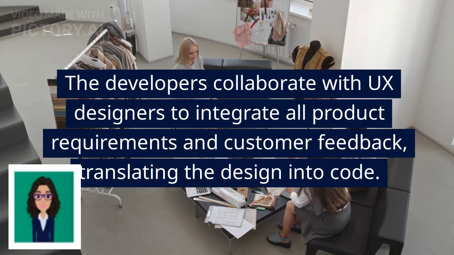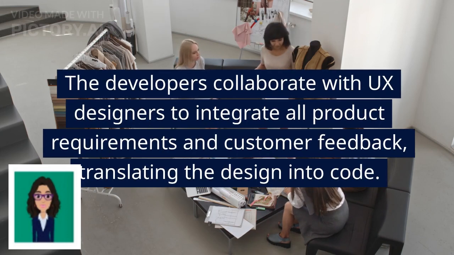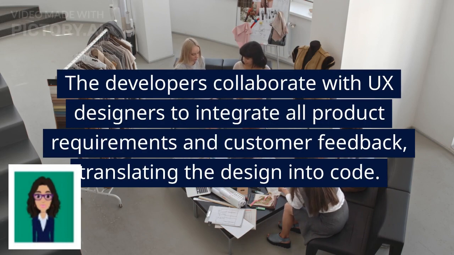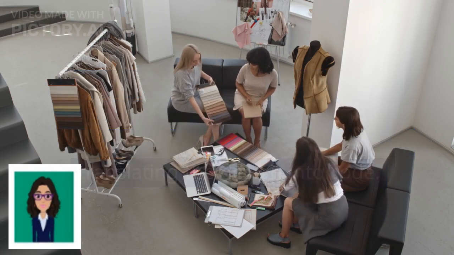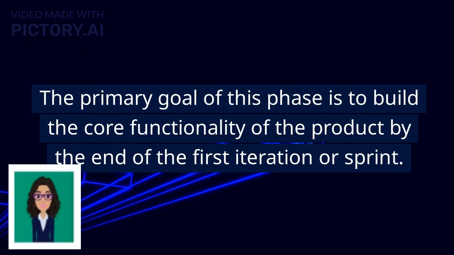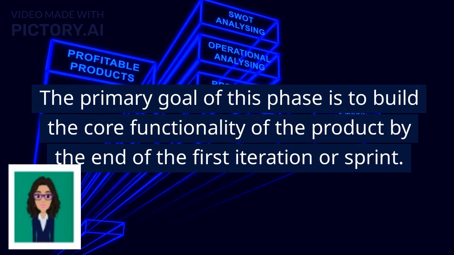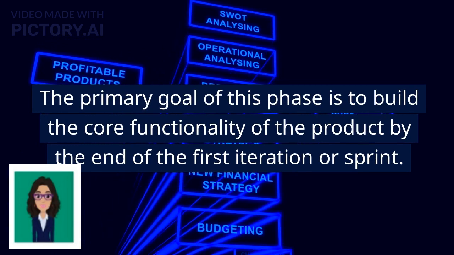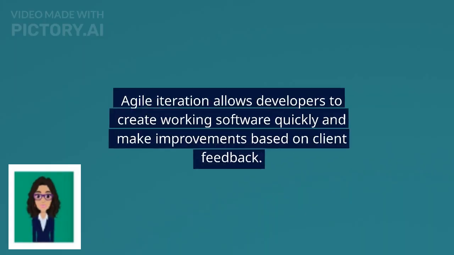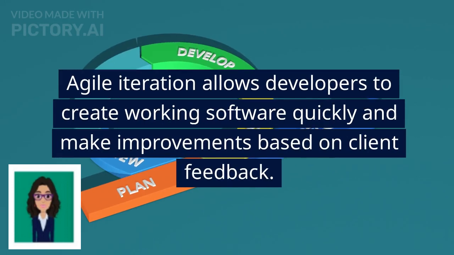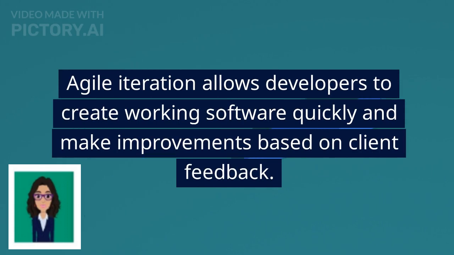The developers collaborate with UX designers to integrate all product requirements and customer feedback, translating the design into code. The primary goal of this phase is to build the core functionality of the product by the end of the first iteration or sprint. Agile iteration allows developers to create working software quickly and make improvements based on client feedback.